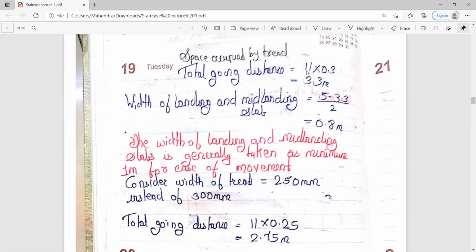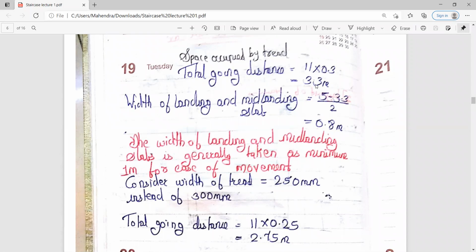Total number of tread आपने calculate किए थे 11 and 0.3 is nothing but the width of tread that you have considered. So you have to convert it in meter. So width of tread you had considered as 300 mm. After converting it in meter, you will get 0.3. So total going distance will be number of tread, that is 11 into width of tread. So 11 into 0.3, you will get it as 3.3 meter.